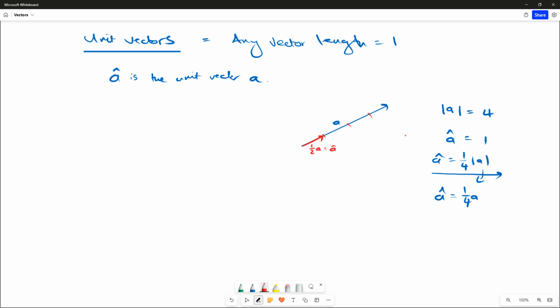So to find the unit displacement of a vector in particular directions, we first have to find the magnitude of the displacement and then divide the components of the vector by the magnitude.